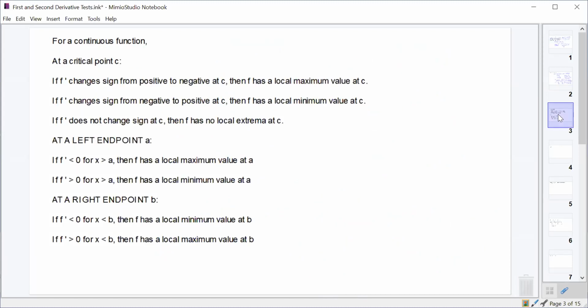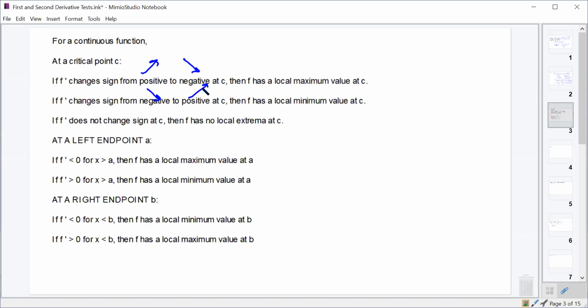So if our derivative changes from positive to negative, meaning our function goes from increasing to decreasing, then we should have a local maximum. And if our derivative goes from negative to positive, that's telling us that our function goes from decreasing to increasing, and we have a local minimum.